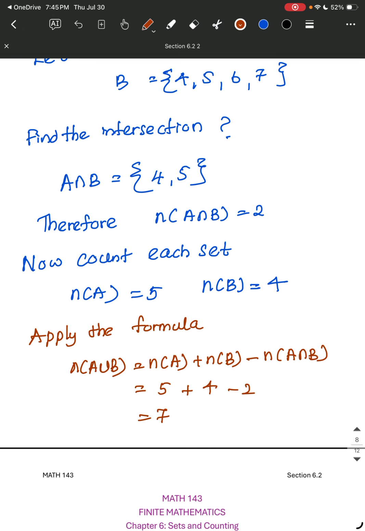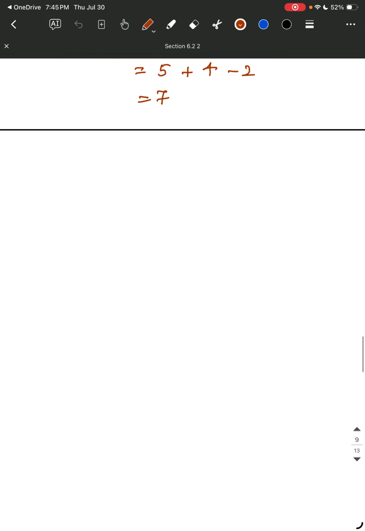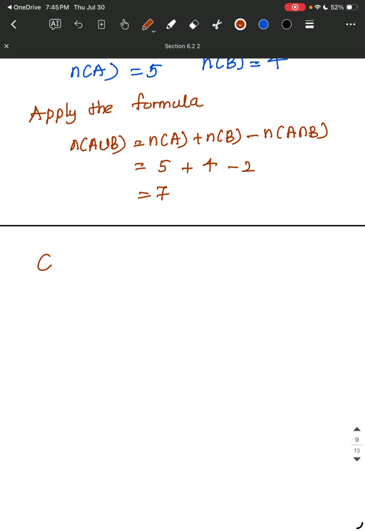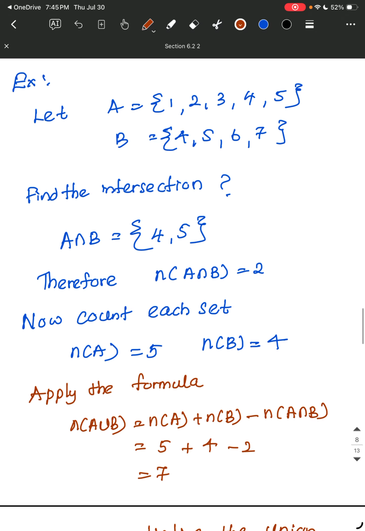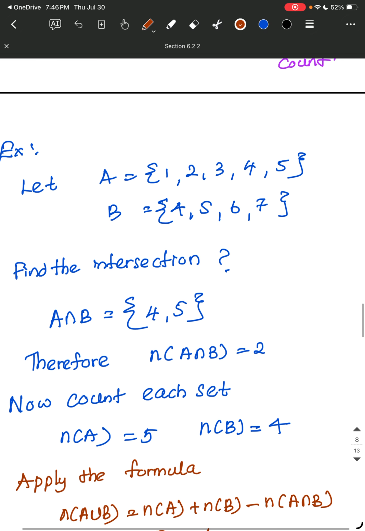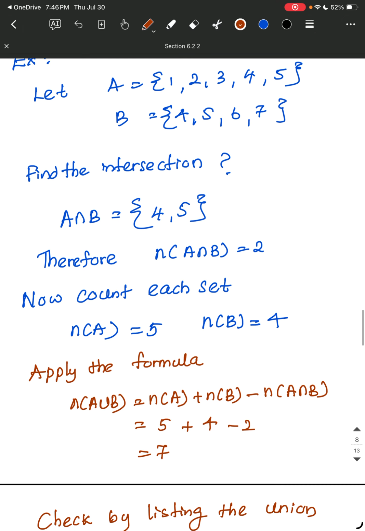Then check by listing the union. A union B, the set in A, B or both: 1, 2, 3, 4, 5, 6, 7.